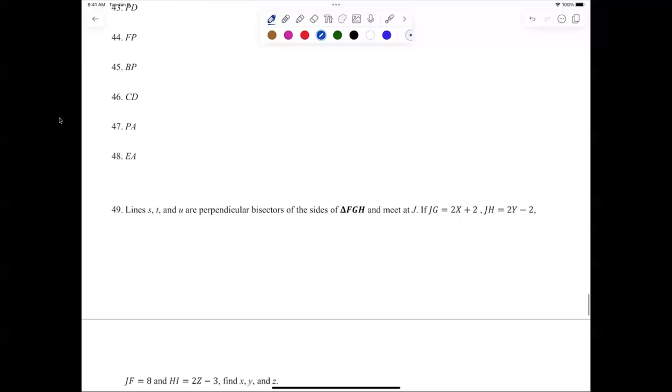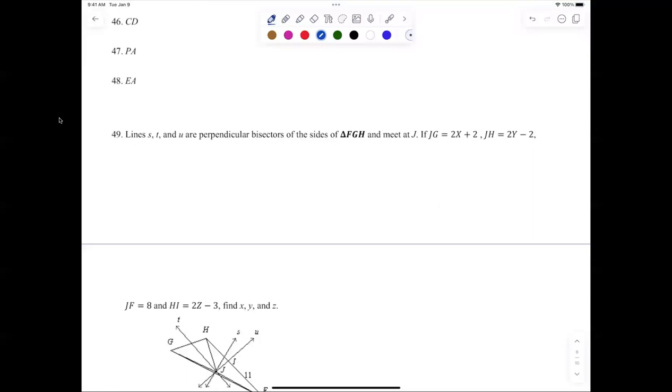Let's do that. Centroid. Yes, is from the angle to the median, or like to the midpoint. I thought the orthocenter was the perpendicular bisector. Nope, that's the circumcenter.